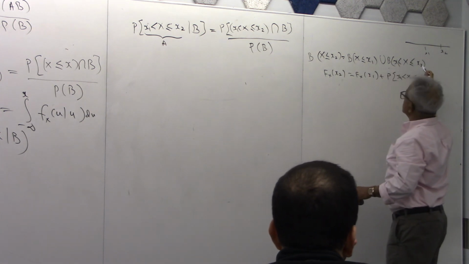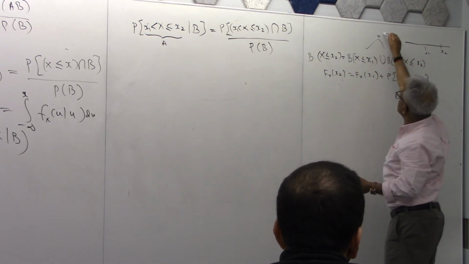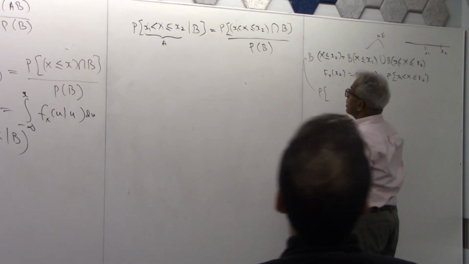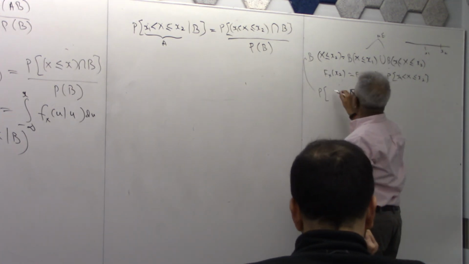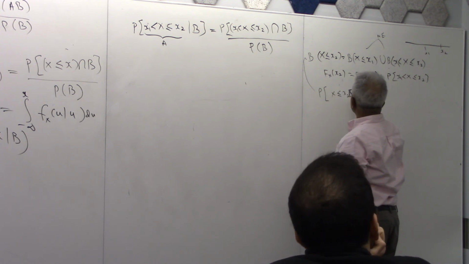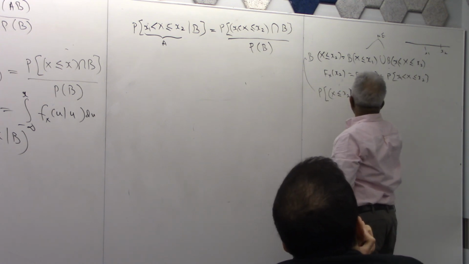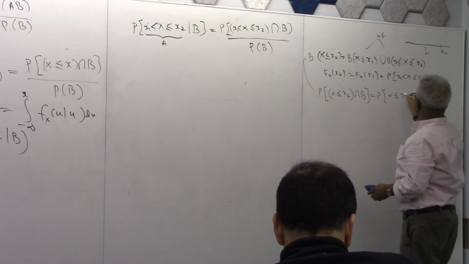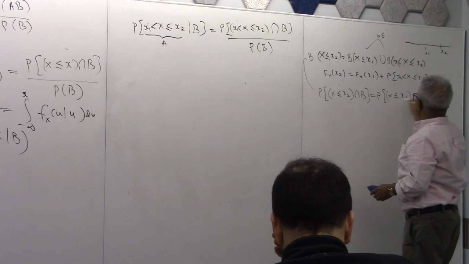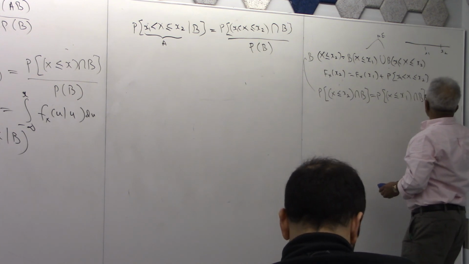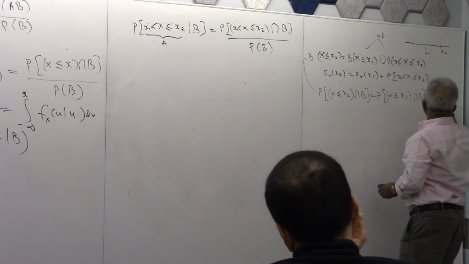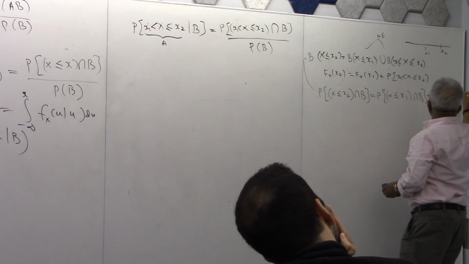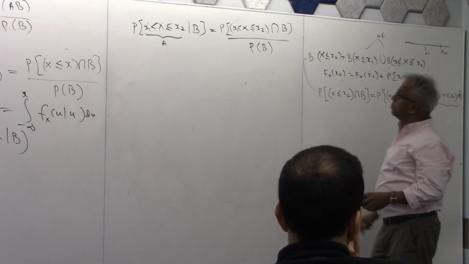And again, these two are mutually exclusive. So from here you get the probability of x less than x2 and B is the probability of x less than x1 and B plus the probability of x between x1 and x2 and B. So this is the probability we want to compute.